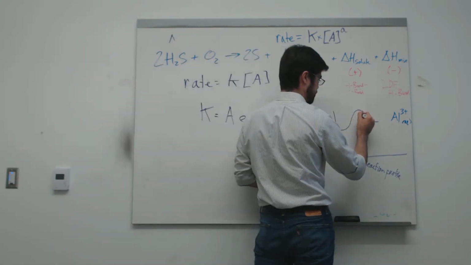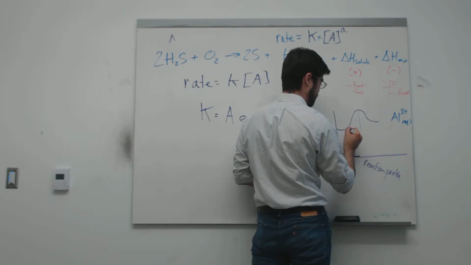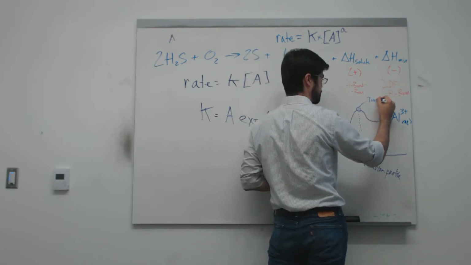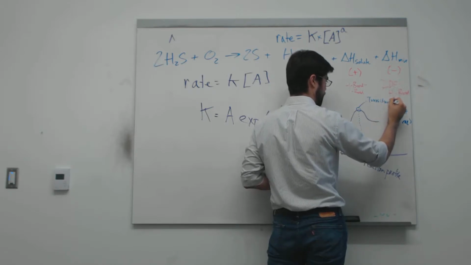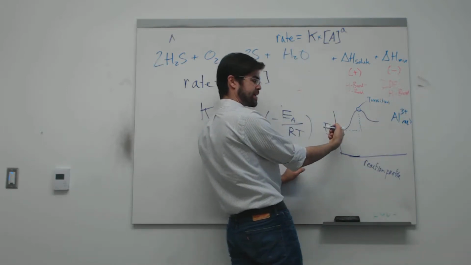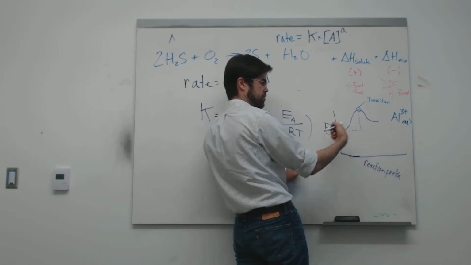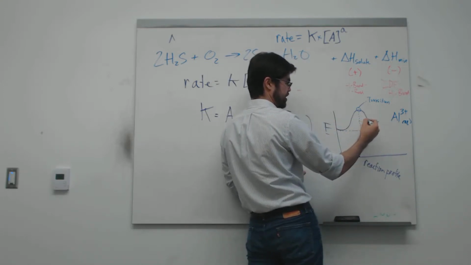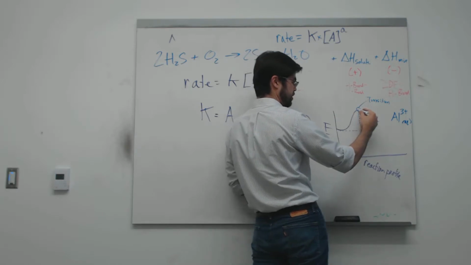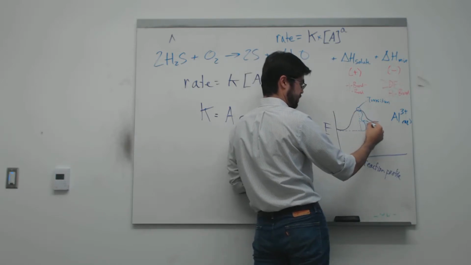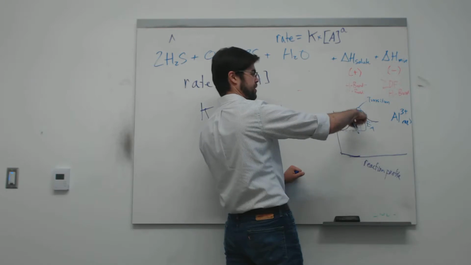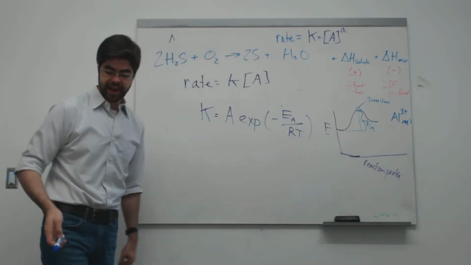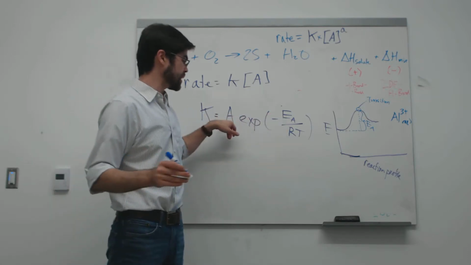The activation energy is always the difference between the top part, which we call the transition state, and the reactants. You talk about the activation energy for the forward reaction versus the backward reaction. I would call this gap here the activation energy for the forward reaction. So the magnitude of that activation energy is going to determine the rate constant.